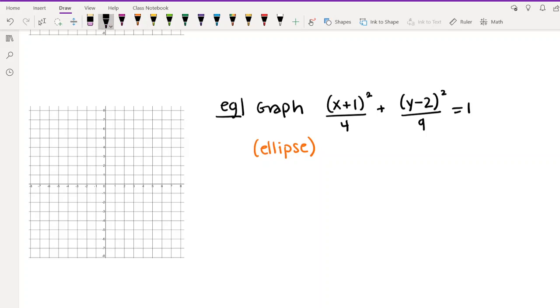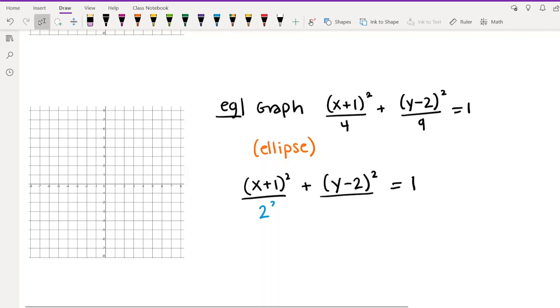So we can start by rewriting this as x plus 1 squared over 2 squared plus y minus 2 squared over 3 squared is equal to 1. And then we want to think about the shift that's going on here.